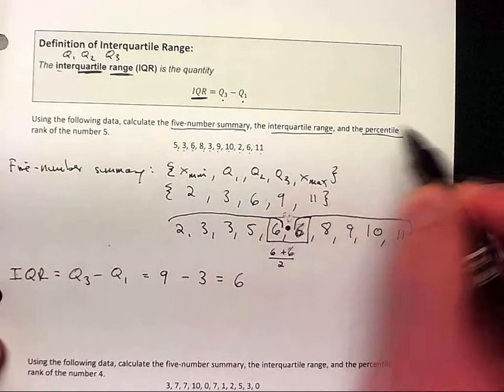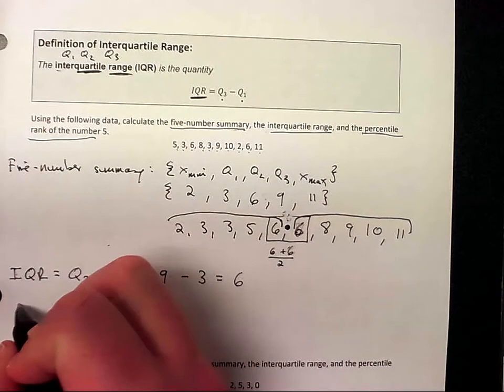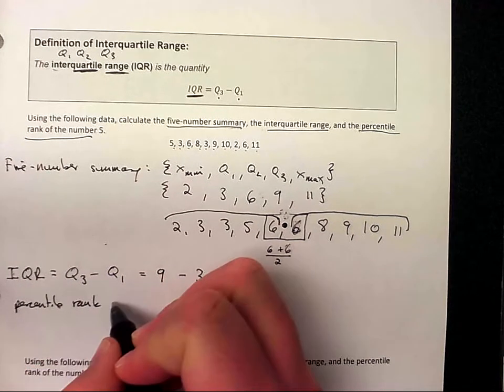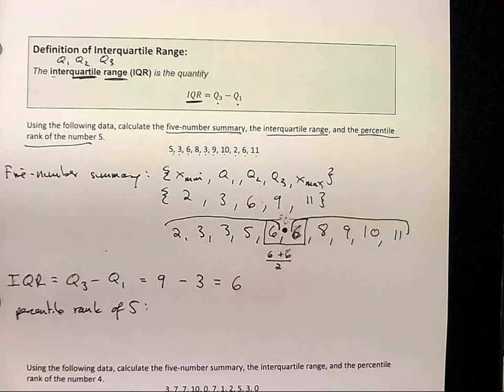Then the percentile rank of the number 5. Remember that whenever we're finding the percentile rank, it's just like getting rid of the superscript on whatever we just found. Like we went over earlier, the 60th percentile rank would just be 60.